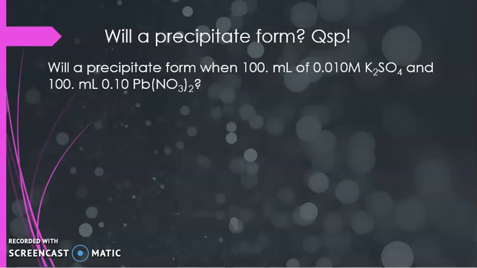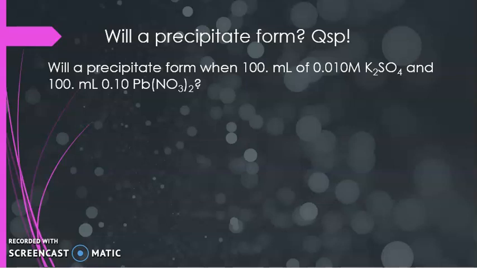Here's our first problem. Will a precipitate form when we mix 100 milliliters of a 0.01 molar potassium sulfate solution and 100 milliliters of a 0.1 molar lead 2 nitrate solution? Now, the first thing I think about is that I'm mixing two solutions, and where equilibrium is concerned, I'm nervous about knowing the initial molarity when those two solutions are mixed.